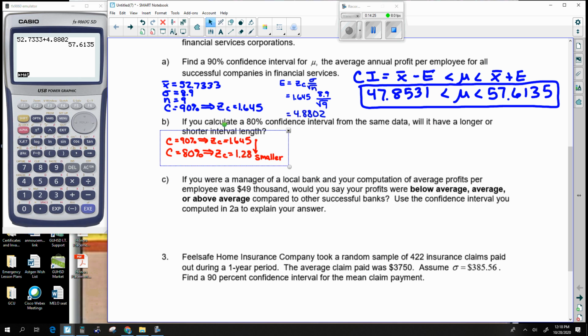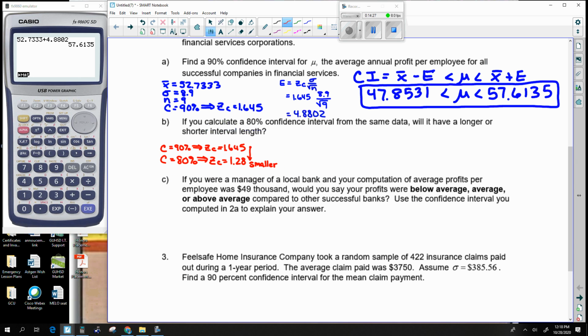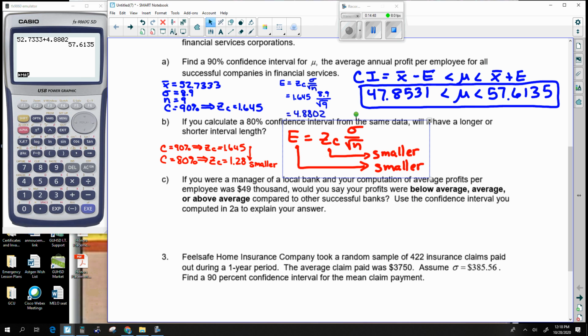Now, what does the ZC have to do with anything? Well, where ZC is used is in the E formula. So we see ZC sigma divided by the root of n. We just showed that ZC got smaller. That's a multiplication number. So if I multiply by small, my answer gets small. Okay, so my E just got smaller in this situation. Okay, big whoop.